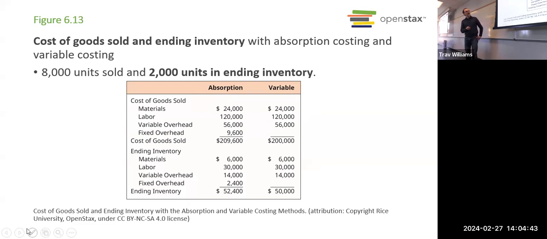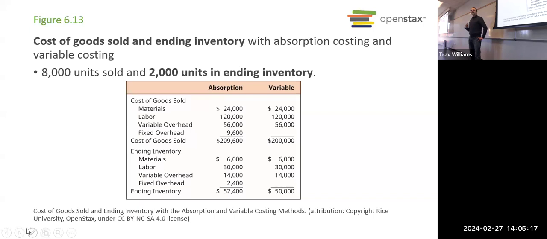So let's see what's going on here. Under absorption costing, again, our normal approach, we've got material, labor, variable overhead, and then $9,600 of fixed overhead costs that went into our cost of goods sold. So it's no longer 12,000. In this example, it's 9,600 because some of those fixed costs we're allocating to our goods that we sold.